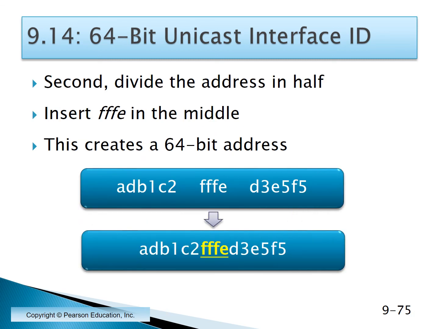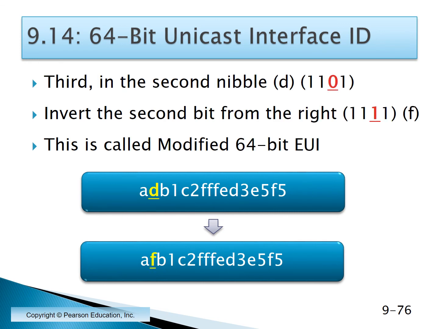And the next thing you do is you add FFFE in the middle, so it becomes like this, right? And then the third thing that you change is in the second nibble. So in this case, a D here. Again, a nibble is a group of 4 bits. So 1101. What you do is you invert the second bit from the right. If it's 0, you flip it to 1.